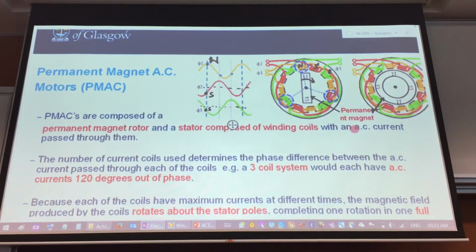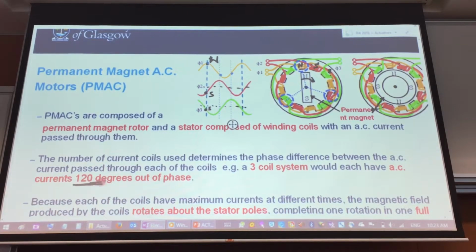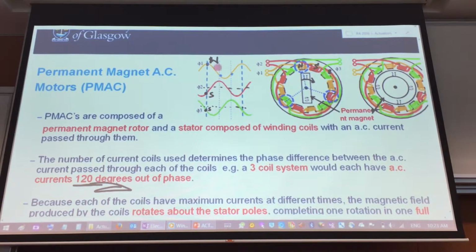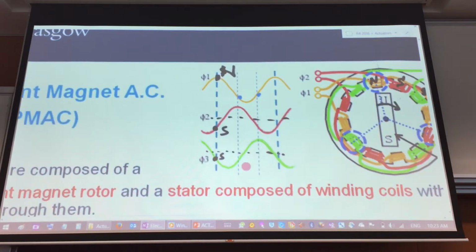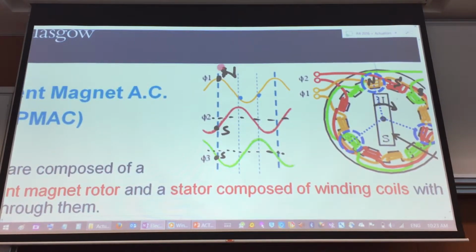The amount of out of phase that you could see is 120 degrees. So this current here, they are all 120 degrees out of phase. How do I see that? This peak over here, maybe if I zoom in, right? This one over here, 120, 120, and 120 degrees.